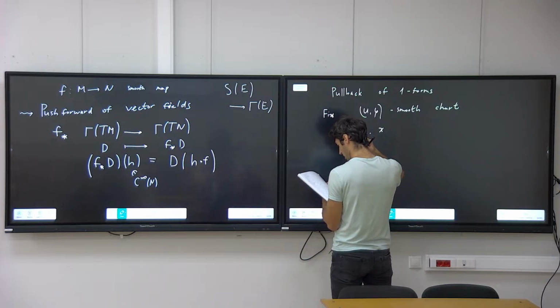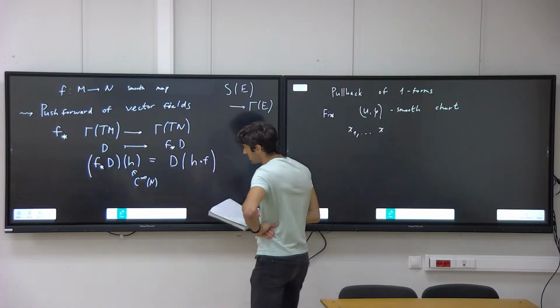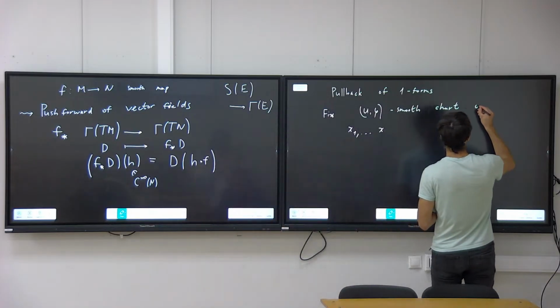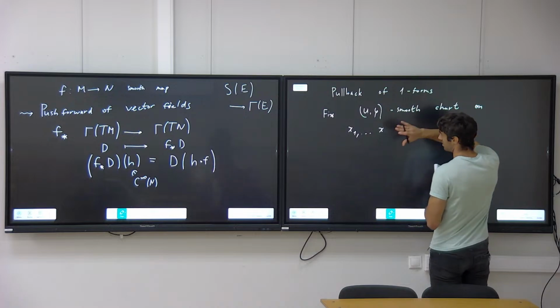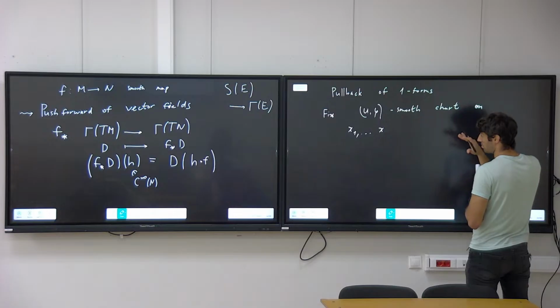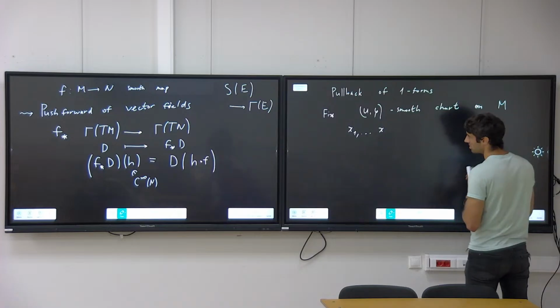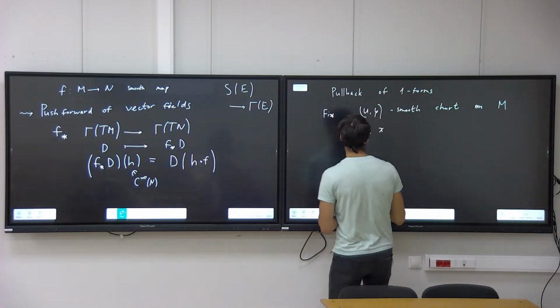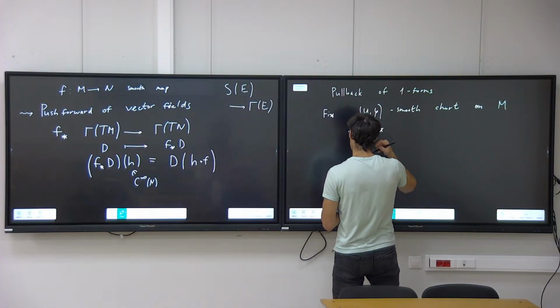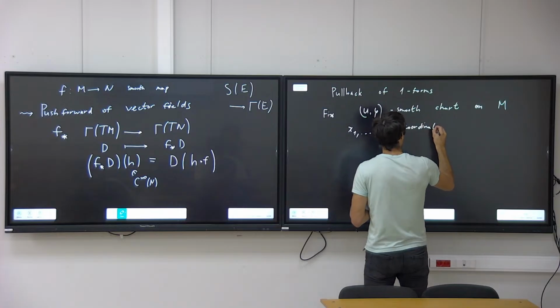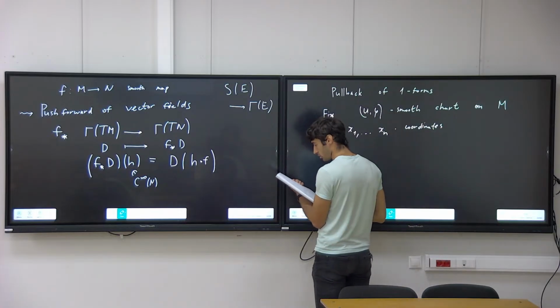Well, it doesn't really matter, the discussion is applicable to both sides, M and N. So let's say on M. Let me consider x1, blah, blah, blah, xn. These are coordinates corresponding to this smooth chart.